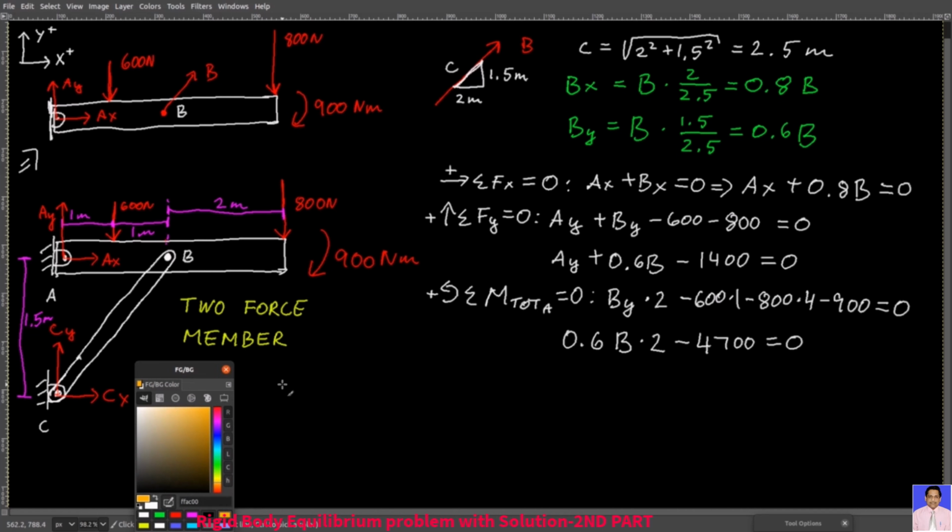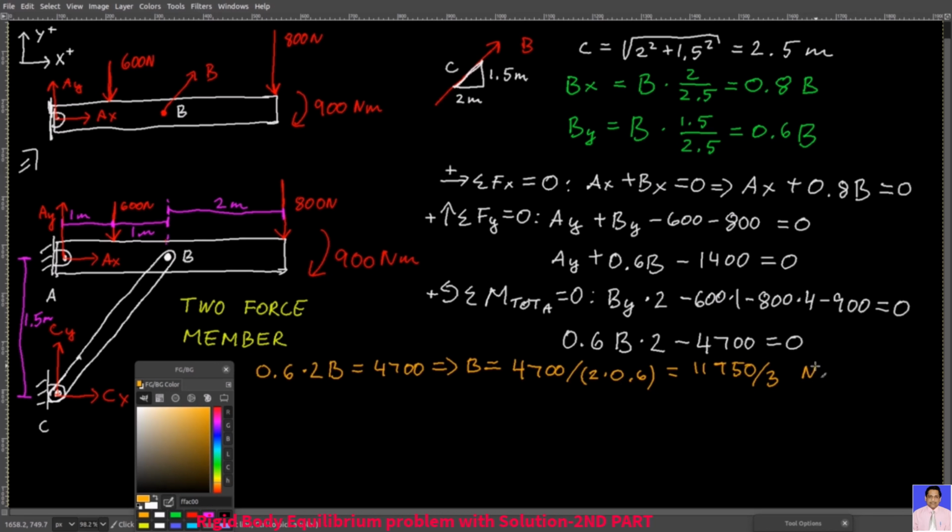In the moment equation, you have 0.6 times 2 times B, that's 4,700. B equals 4,700 divided by 2 times 0.6. That will give you 11750 over 3 Newtons.